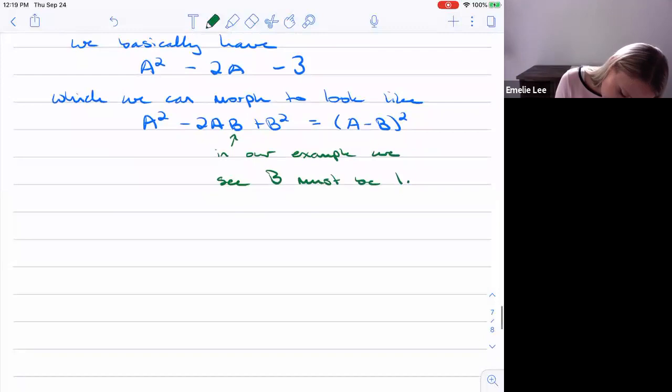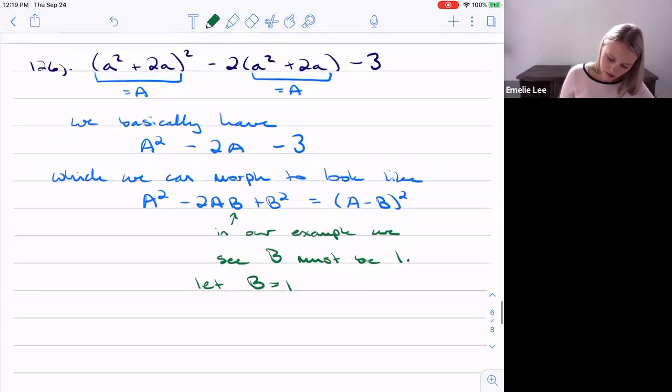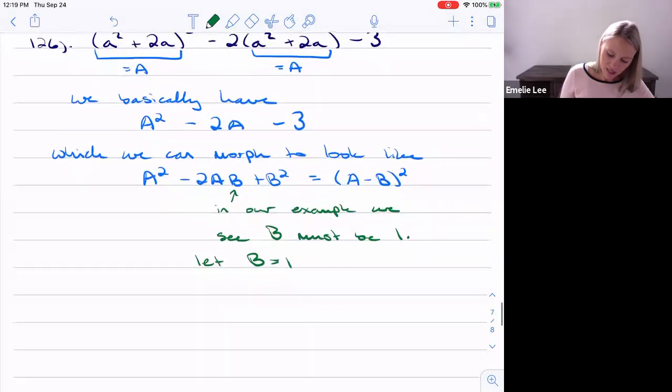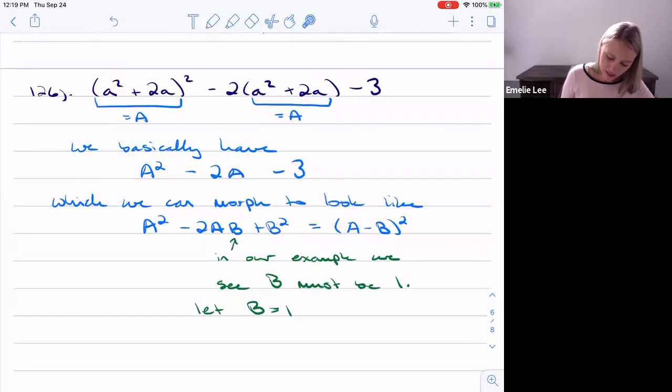So if we let b equal 1, then I've got a squared minus 2a, b is 1, and then plus b squared, but plus b squared is really just plus 1 squared, which is just plus 1, but I've got minus 3 here. So how do I deal with that?